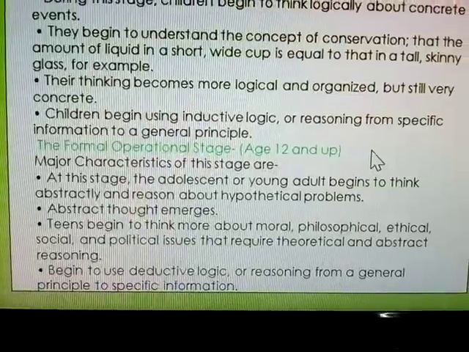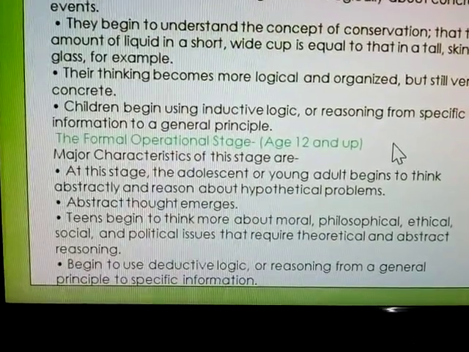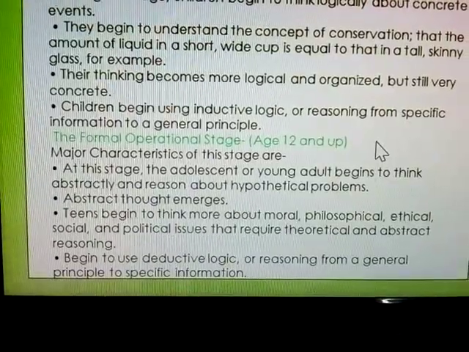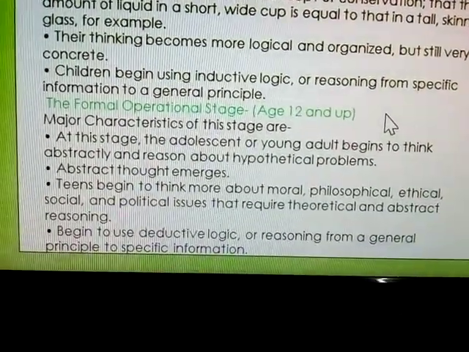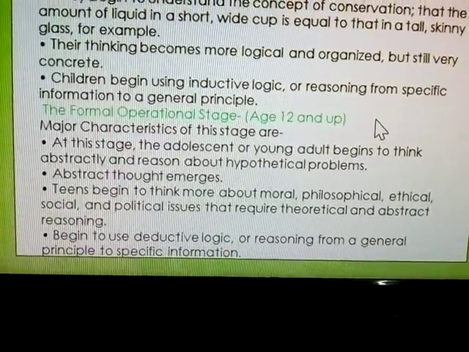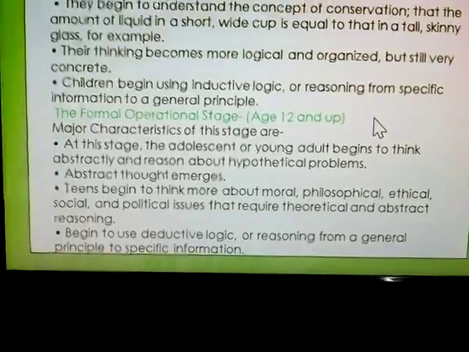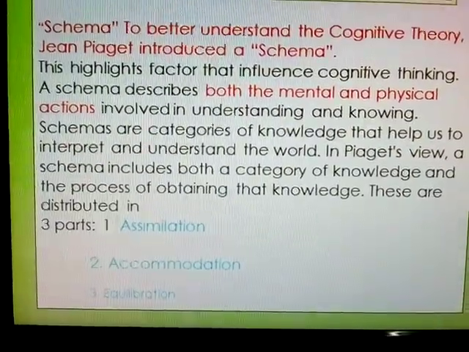Next, teens begin to think more about moral, philosophical, ethical, social and political issues. They begin to use deductive logic, reasoning from general principles to specific information. The 4 stages are completed.